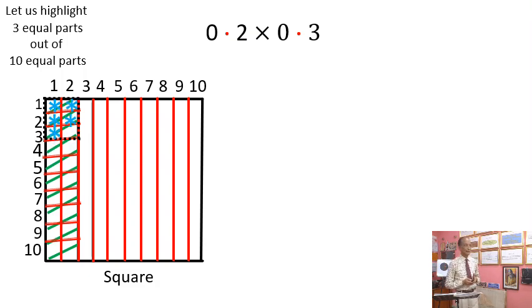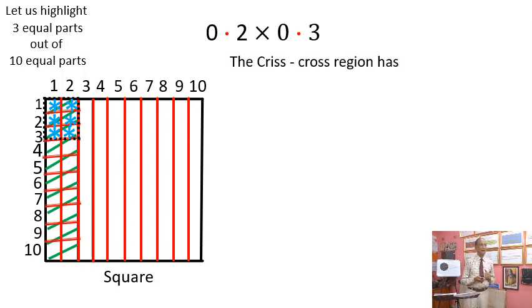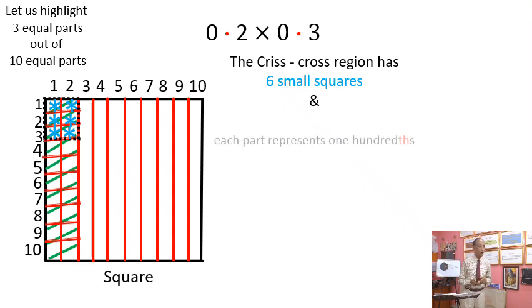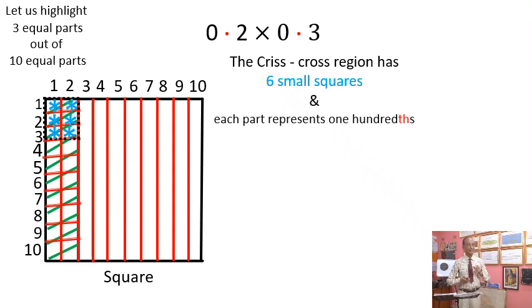So now this crisscross region has 6 small squares, and each part represents 1 by 100, as the entire square is divided into 100 equal parts.